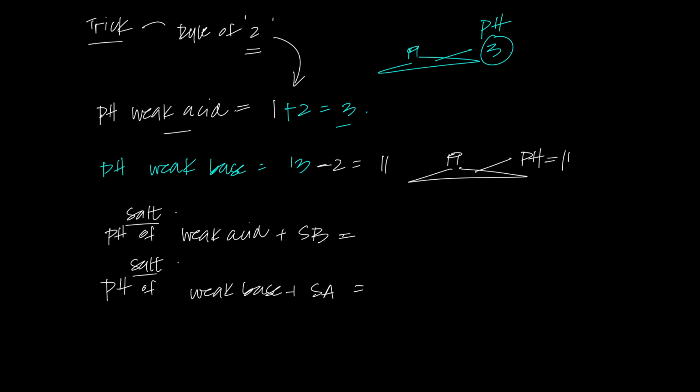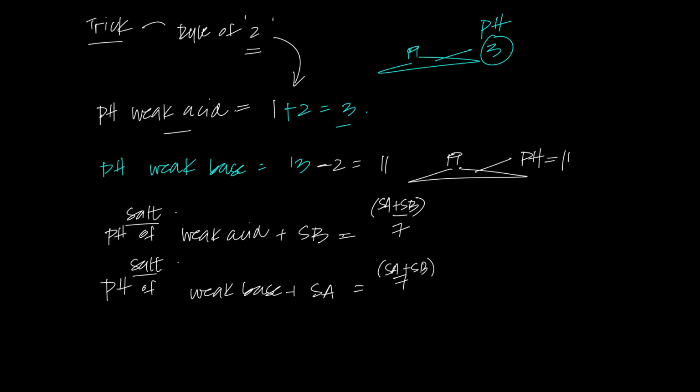Right? And it's very easy to decipher. Very simple. What's the pH when a strong acid reacts with a strong alkali, or a strong base? The pH is 7, right? Strong acid plus strong base, the pH is 7.